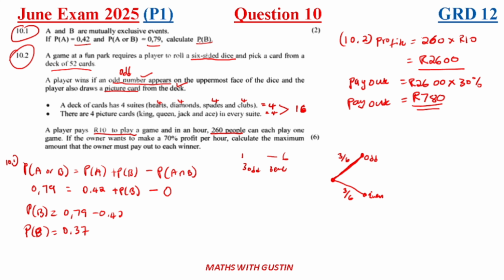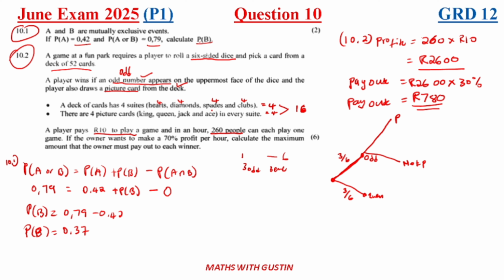However, once a player rolls a die, they must take 1 picture card from the deck, right? So they can take what? A picture card or no picture card. So here there's no picture card, and then here they take out a picture card. But what is the probability of getting a picture card?